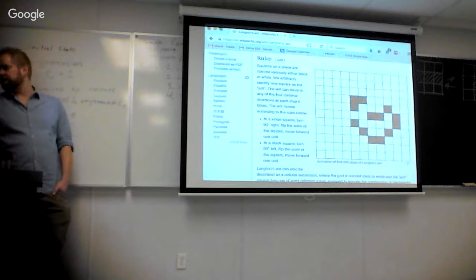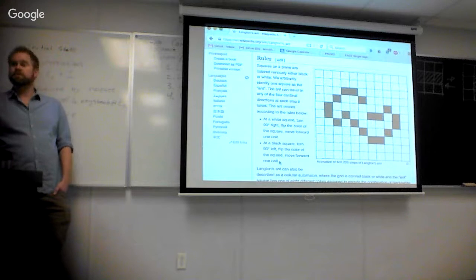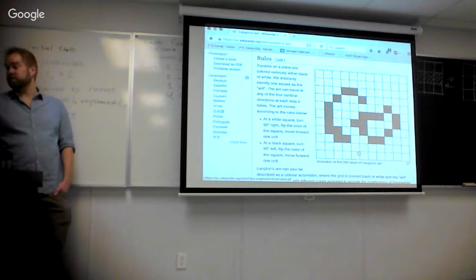And so what is the ant? At a white square, turn 90 degrees right, flip the color of the square, move forward 1 unit. On a black square, turn 90 degrees left, flip the color of the square, move forward 1 unit. Okay? So you can visualize it as this ant moving across the surface, and it makes these decisions. Cool. Pretty simple rule set.